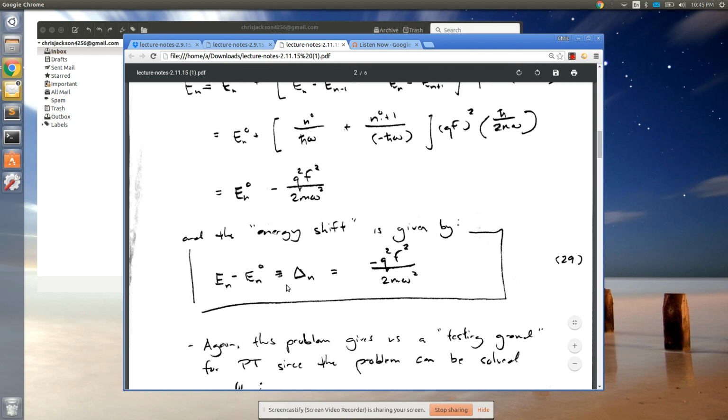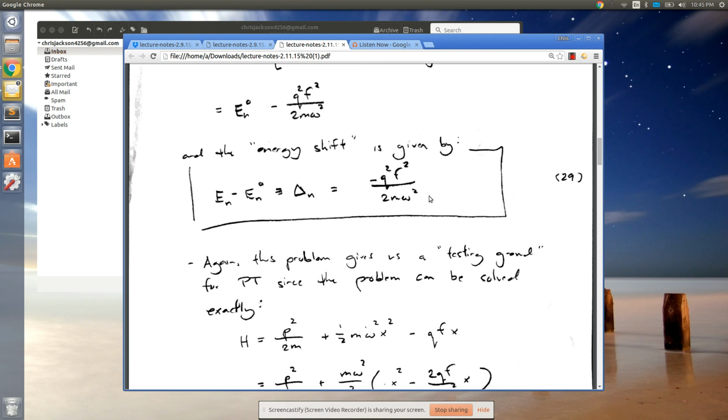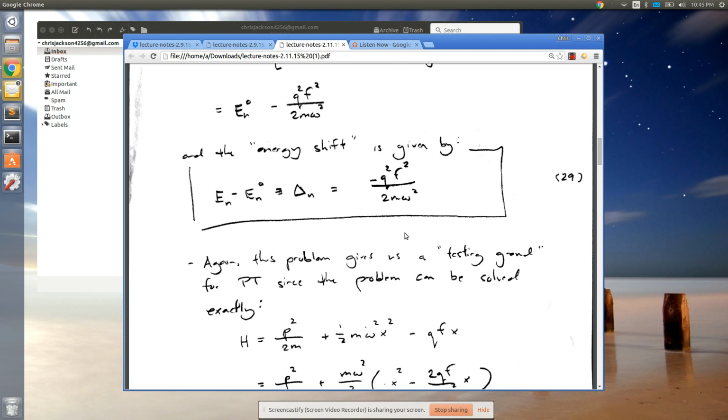Typically it's called delta N, but you might see it called delta E N or something like that. Just be careful: if a problem asks you for the energy shift, that's this, but if it asks for the full first order energy, then you would include the unperturbed energy as well. So in this case, the difference is this.